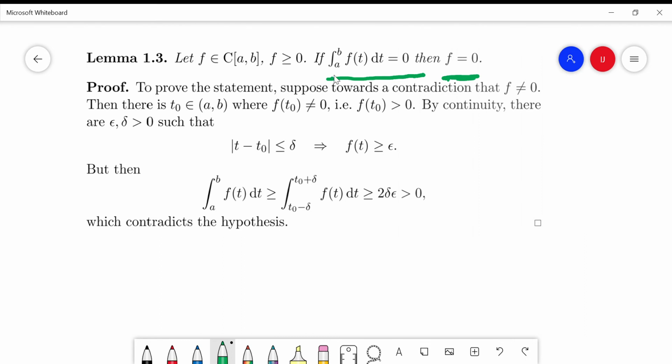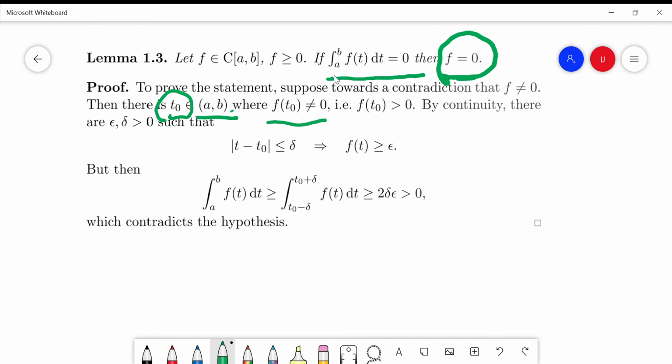So to prove that, the author says let's take any point from this interval. So first let's start with contradiction. We say that if f is not equal to 0 always, then we can find a point t0 element of the open interval (a, b) such that this is not 0.